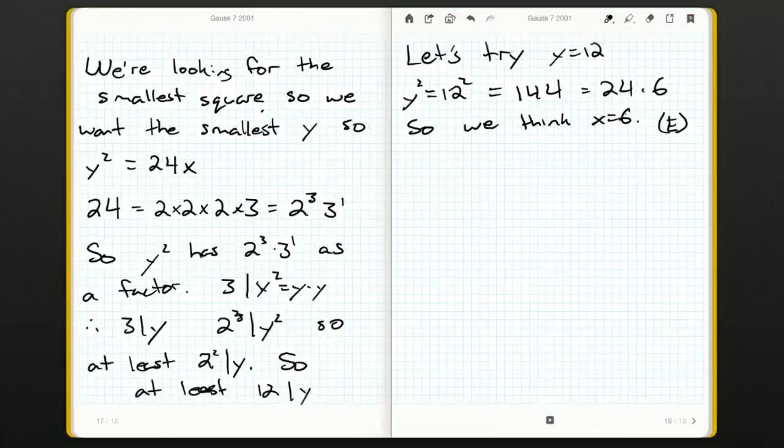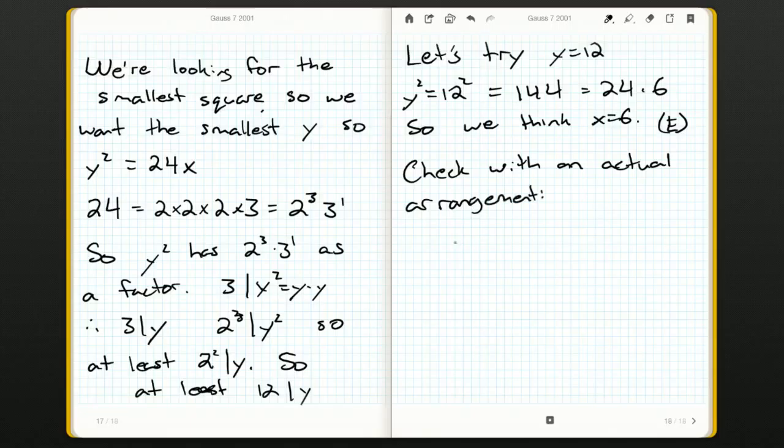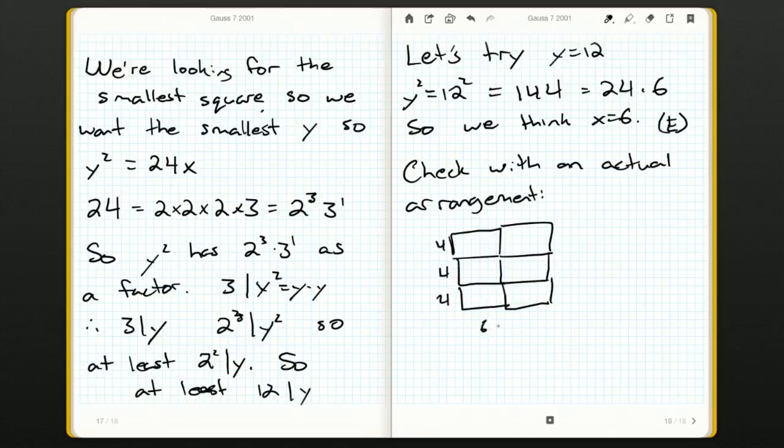But if you want to make absolute sure, then I would take 6 of these 4 by 6 tiles and arrange them to make a 12 by 12 square. And it doesn't take that long to think of this arrangement right here, which is 4, 4, 4, 6, 6.